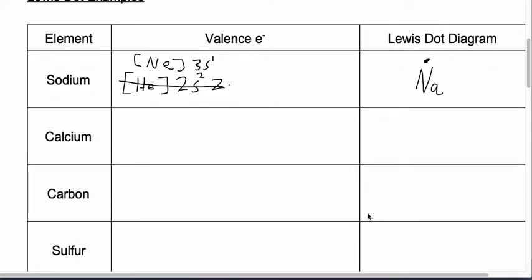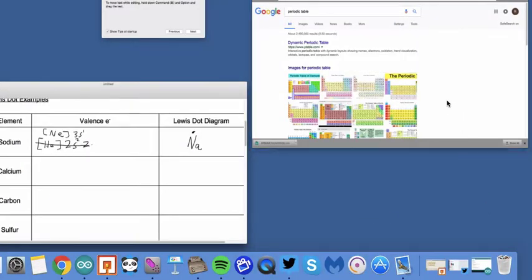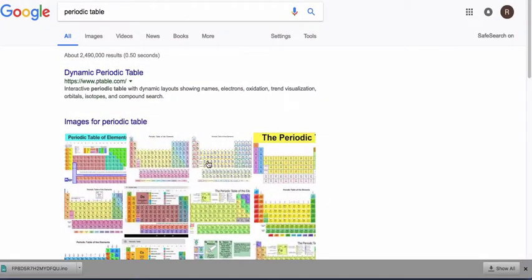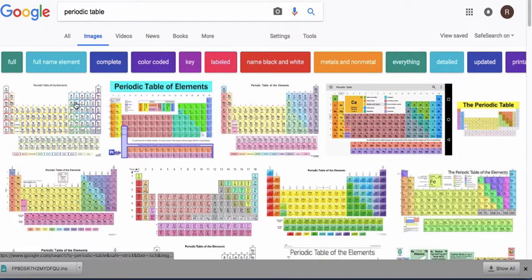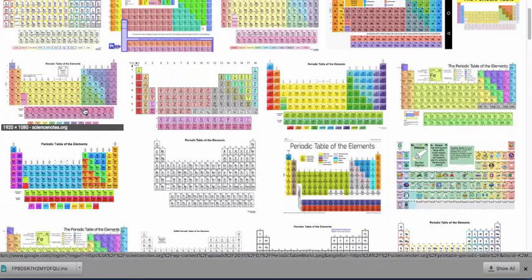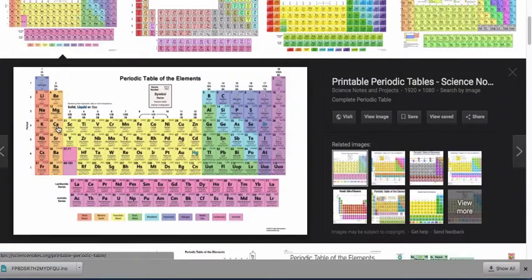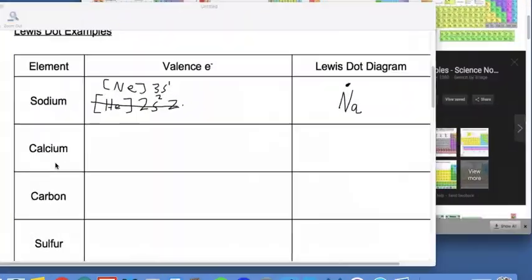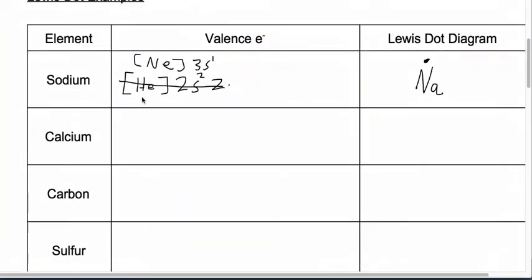Calcium. Well, where is calcium on this periodic table? So let's look here. All right, so calcium's right there, so that's going to be argon 4s2. Calcium, you can see, even I don't have this stuff memorized.